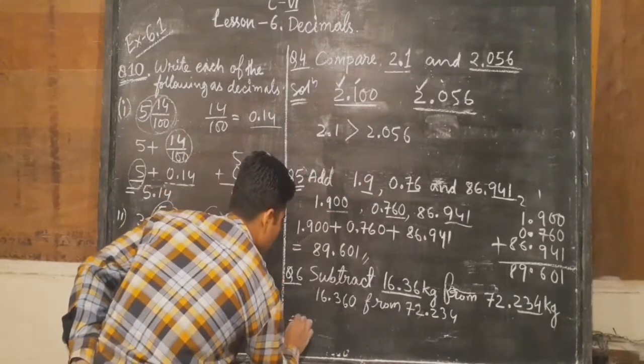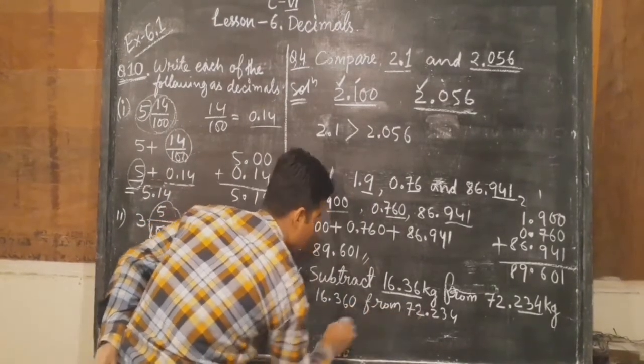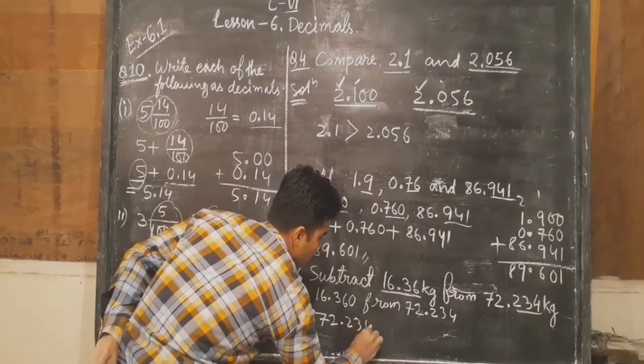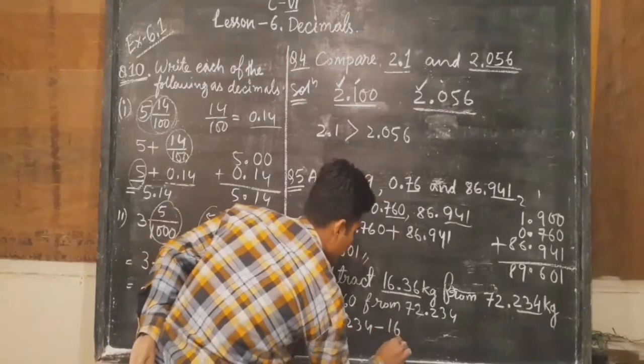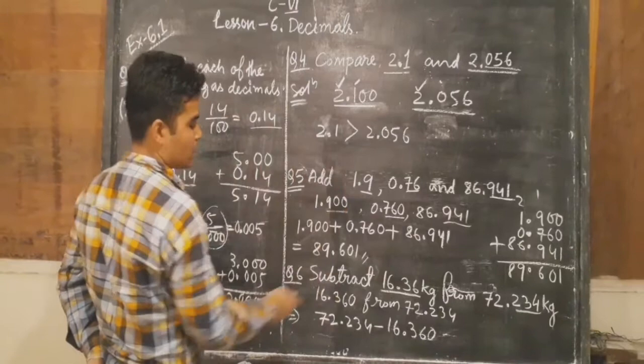So what will be the answer? I have to subtract this from this number, so I will write this number first, 72.234 minus 16.360.